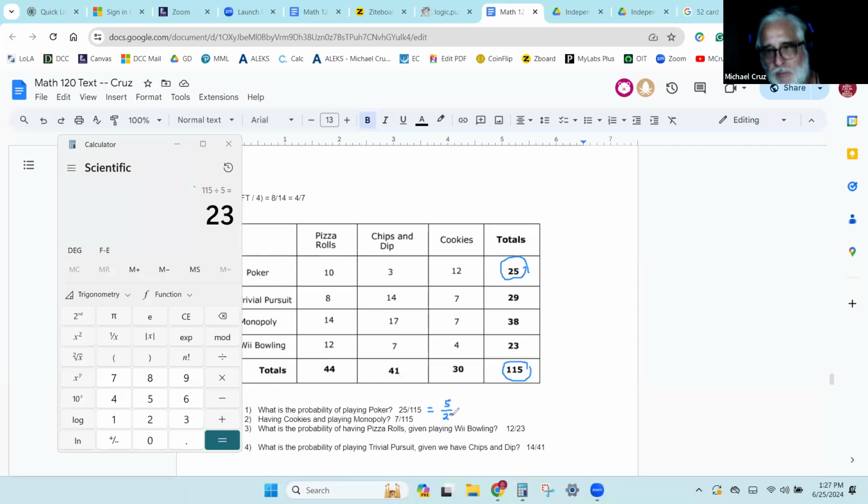And now I'm going to put some squiggles here, because the squiggles mean that it's now an approximation, since I'm going to round it to 4 decimal places: 0.2174.